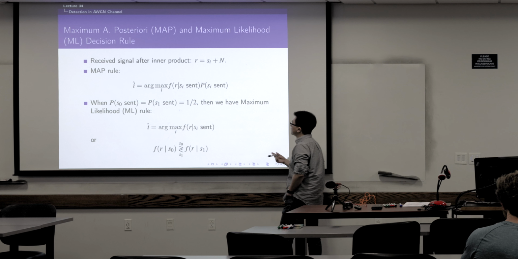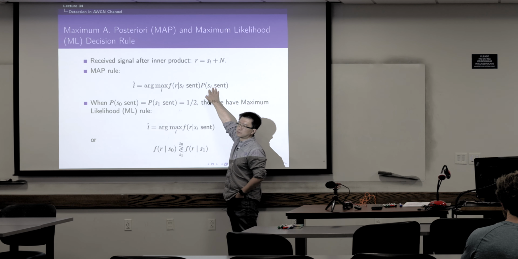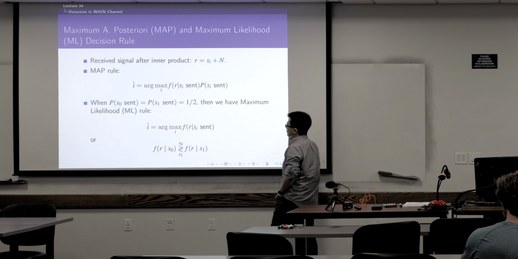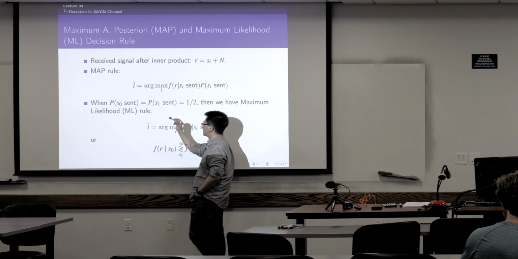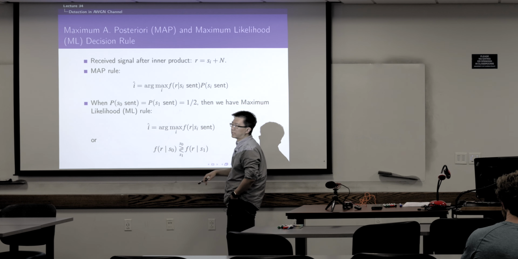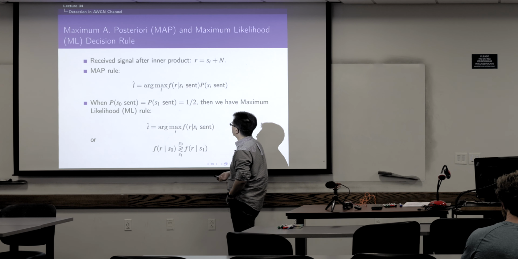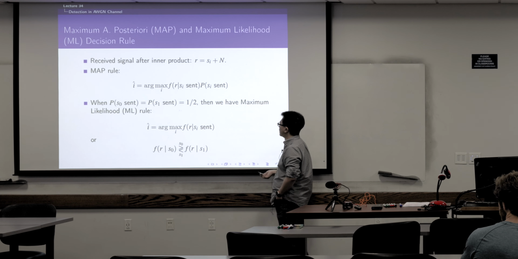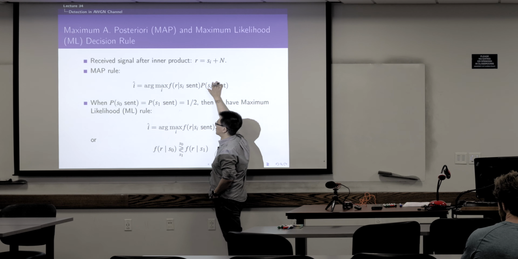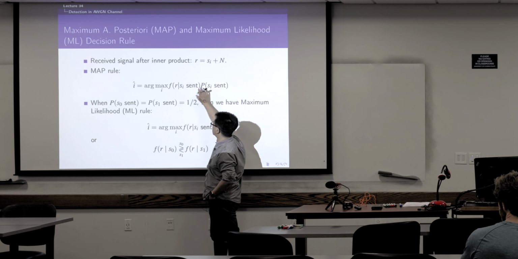In general, we don't know this part, and the safe assumption is that the probability of S0 sent and the probability of S1 sent are the same. They equal 1/2, so we don't need to consider this part because it's a constant. Then we just need to consider the first part.